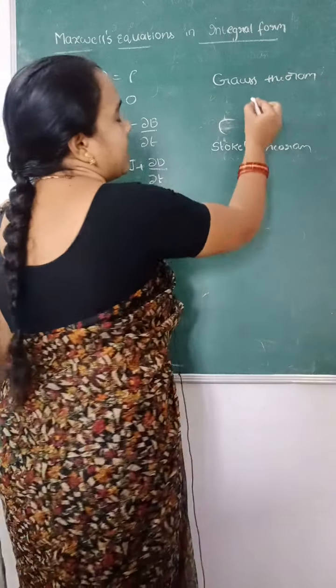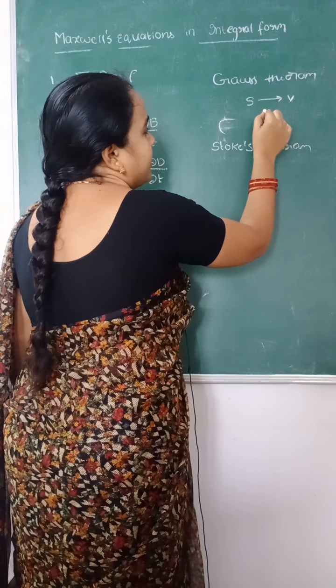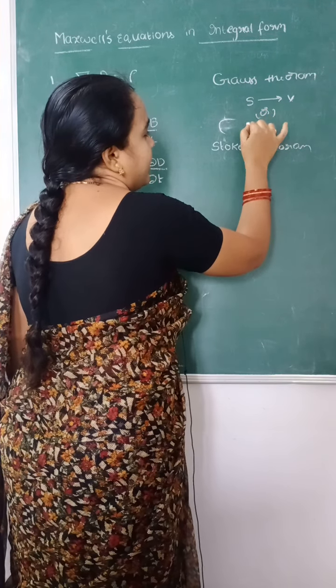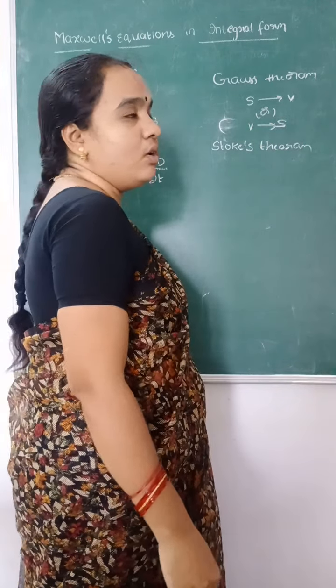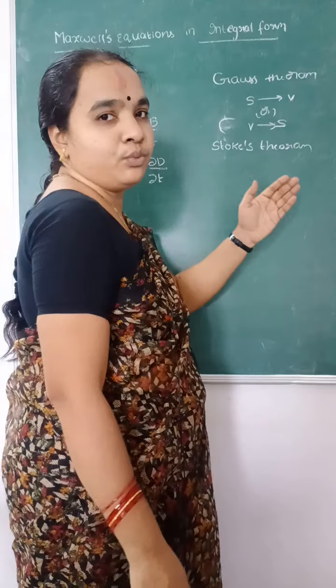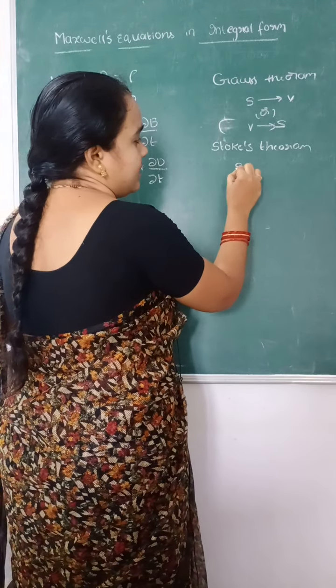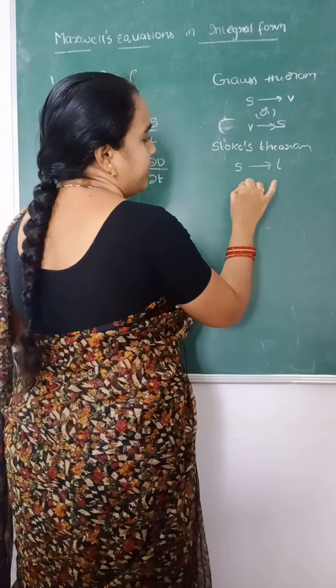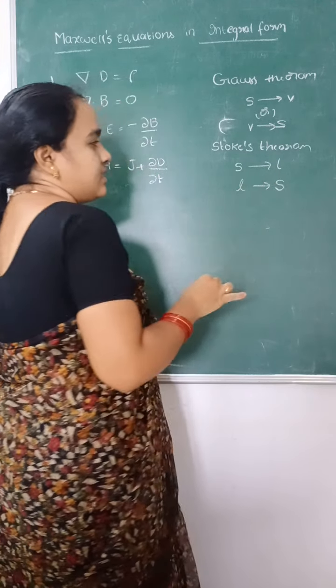Gauss theorem will convert the surface integral into volume integral or vice versa. That is, it converts the volume integral into surface integral or surface integral into volume integral. Stokes theorem will convert the surface integral into line integral or vice versa. That is, line integral into surface integral.